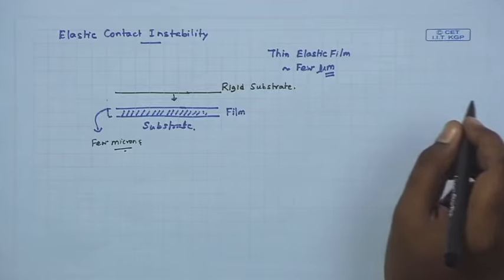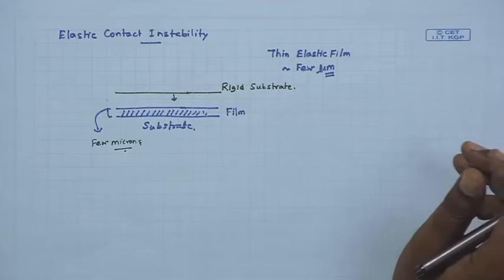So if you rapidly bring your contactor in contact with the film, there is a possibility that you might miss out the evolution physics.